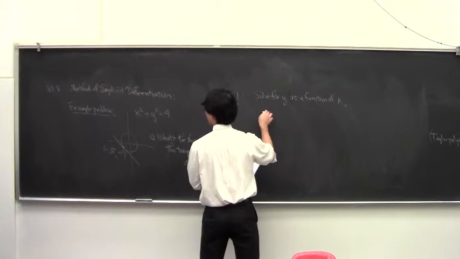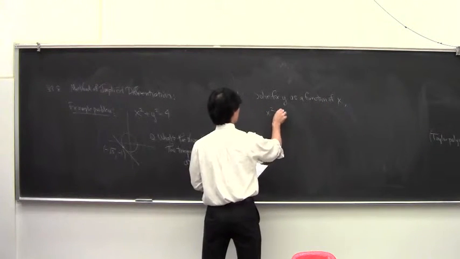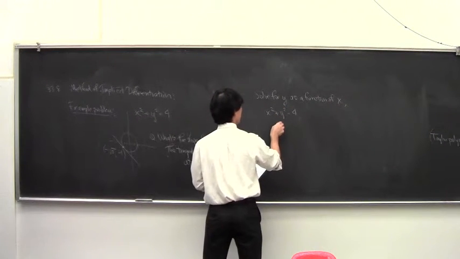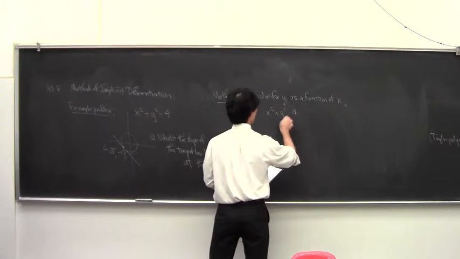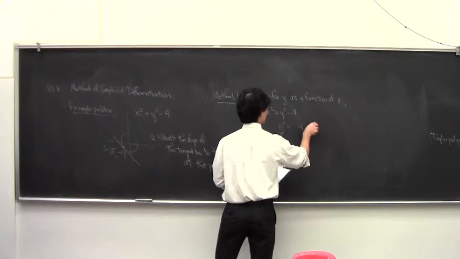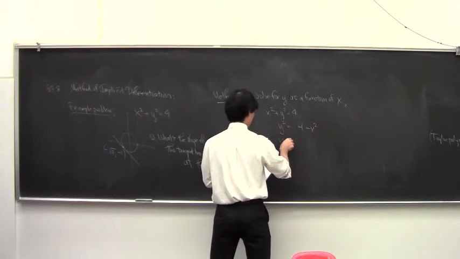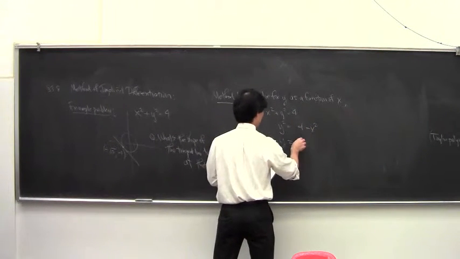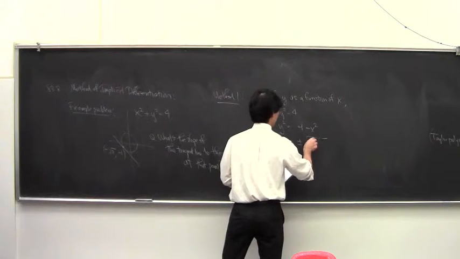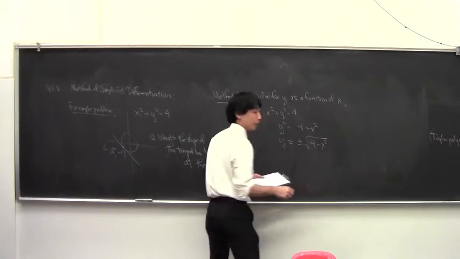You have that x squared plus y squared is equal to 4. So y squared is equal to 4 minus x squared, and y is going to be plus or minus root 4 minus x squared.